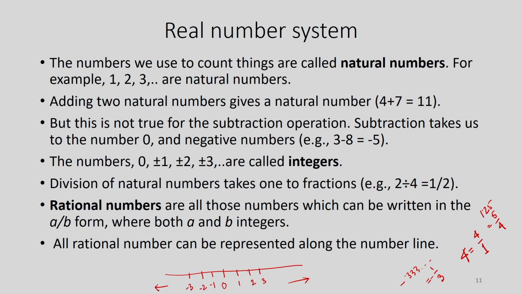Now, all these numbers that I have talked about, for example, minus 5 will be somewhere here, 11 will be somewhere here, minus 0.333 will be somewhere here, 5 by 4 will be somewhere here, 1.25, right. So, every number that I have talked about so far will have a place in this number line. So, all rational numbers can be represented along the number line, right.